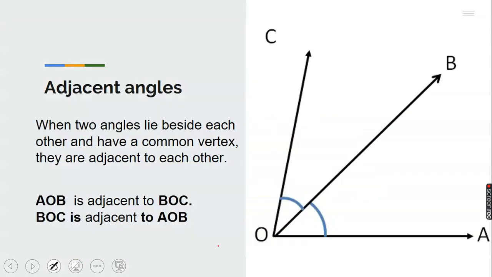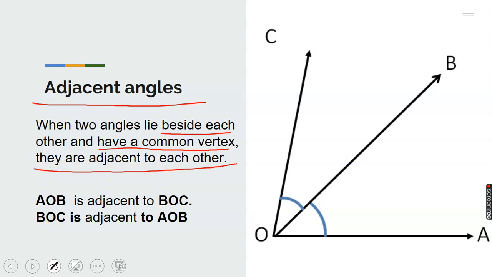Now, the first property we'll be looking at is adjacent angles. When two angles lie beside each other and have a common vertex, they are adjacent to each other. Now, look at this. We have line OA and line OC.